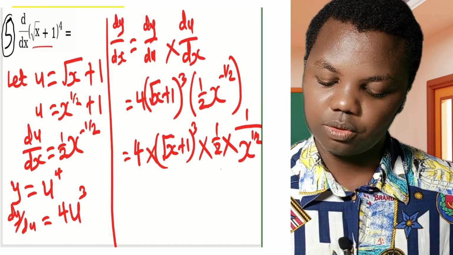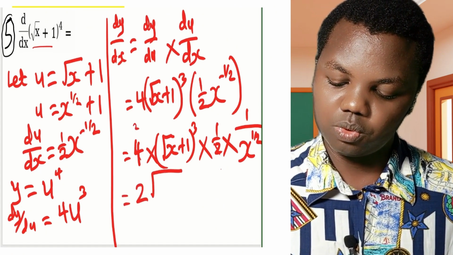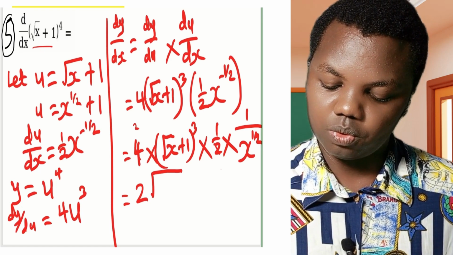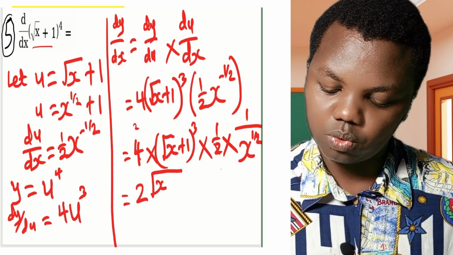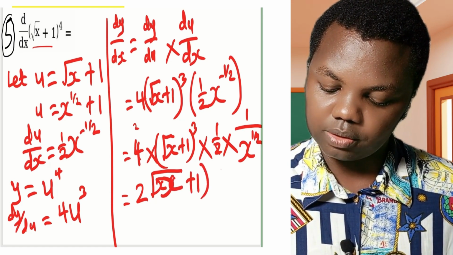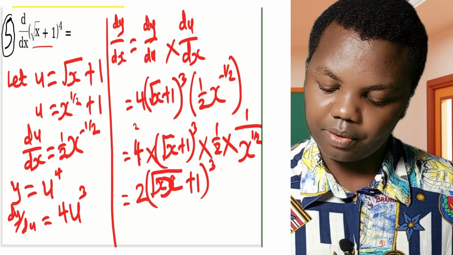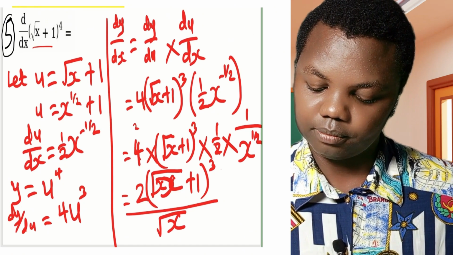So 2 here, 4 over 2 is 2, so this will be 2 root x plus 1 to the power of 3 over root x.